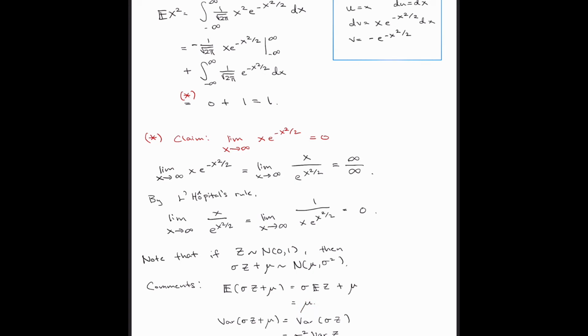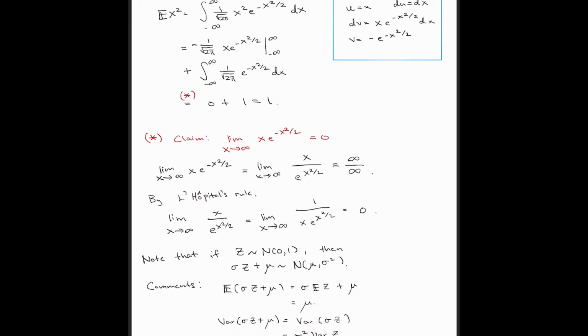Now variance, we showed one of these properties in the covariance and variance videos, so I'll put a link to that up top. The variance of sigma z plus a constant is just the variance of sigma z.